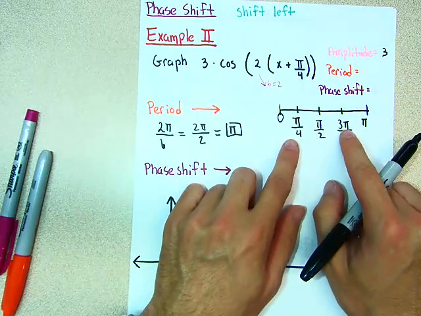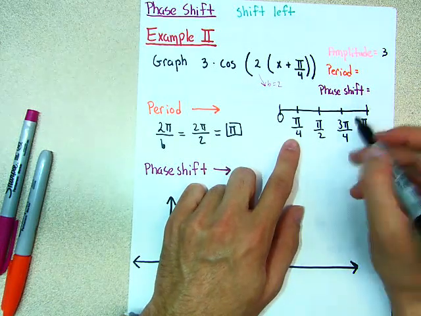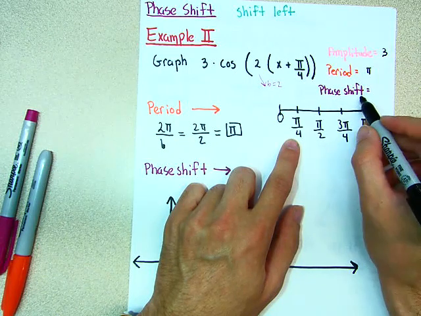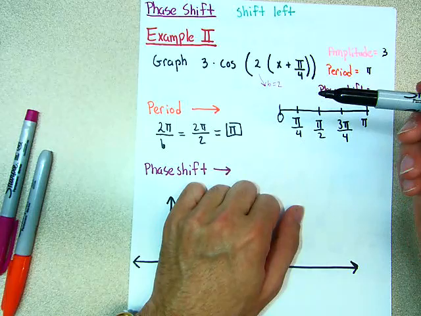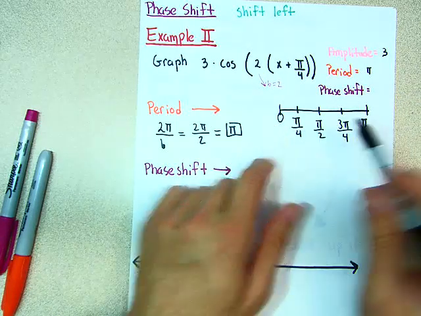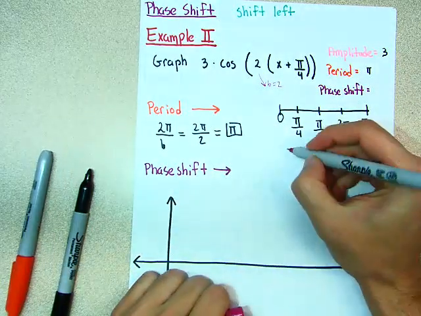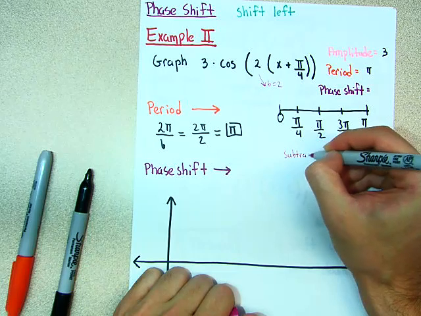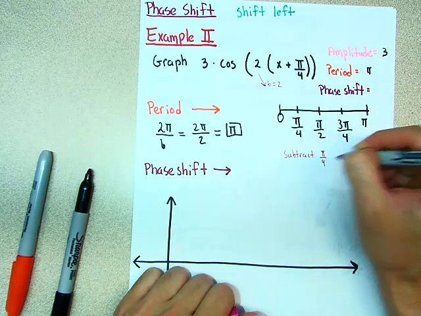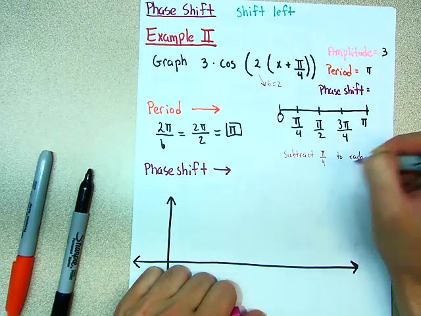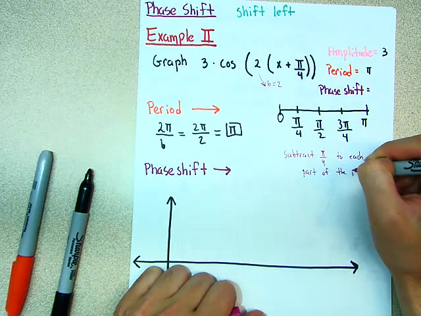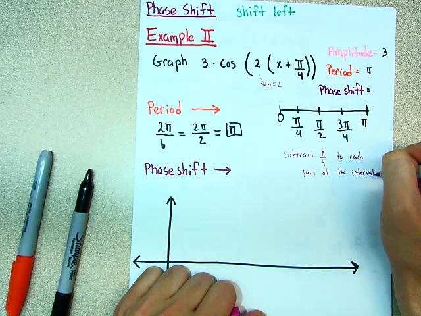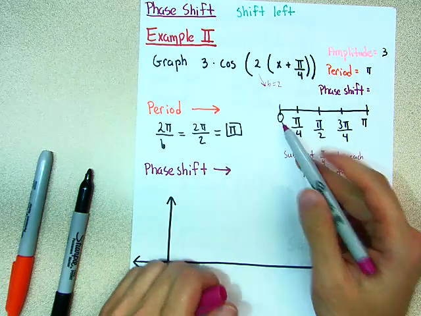And now what are we going to do with each function? Our period is pi, but what's the phase shift? It's plus pi over 4. So what are we going to do? We're going to subtract pi over 4 from each part of the interval. Okay, so what are we going to do with the 0?